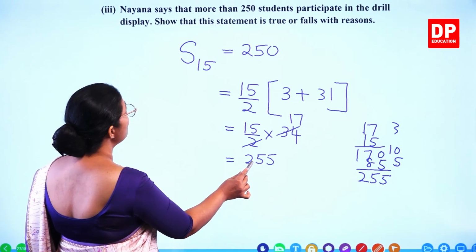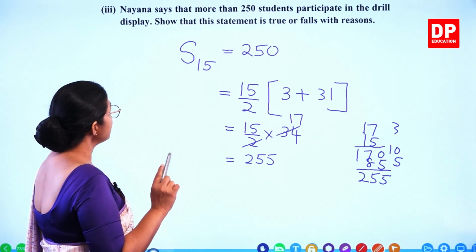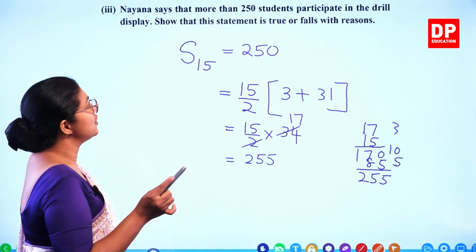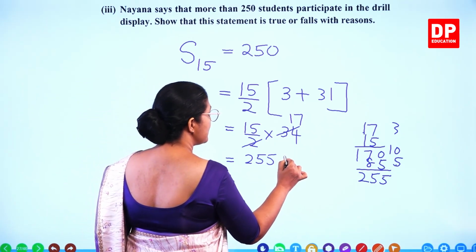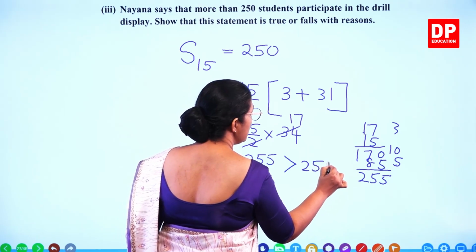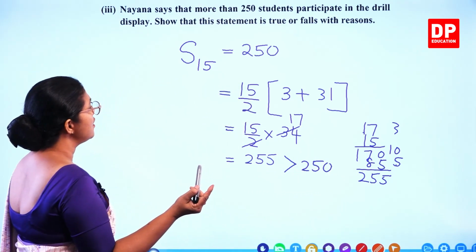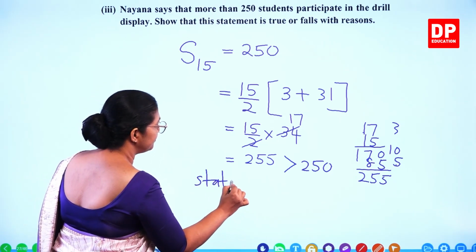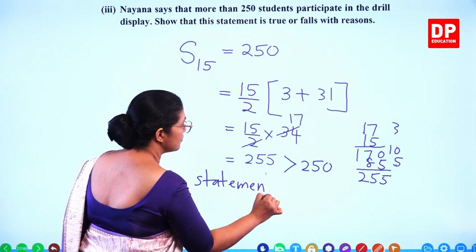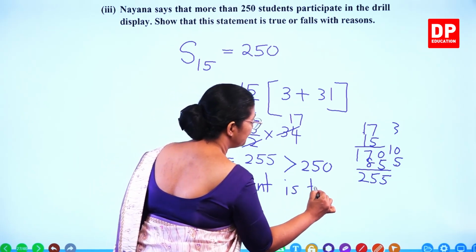It's 255. Now Naina says that more than 250 students participate in the drill. So 255 is greater than 250. That means the statement is true. So you can write: statement is true.